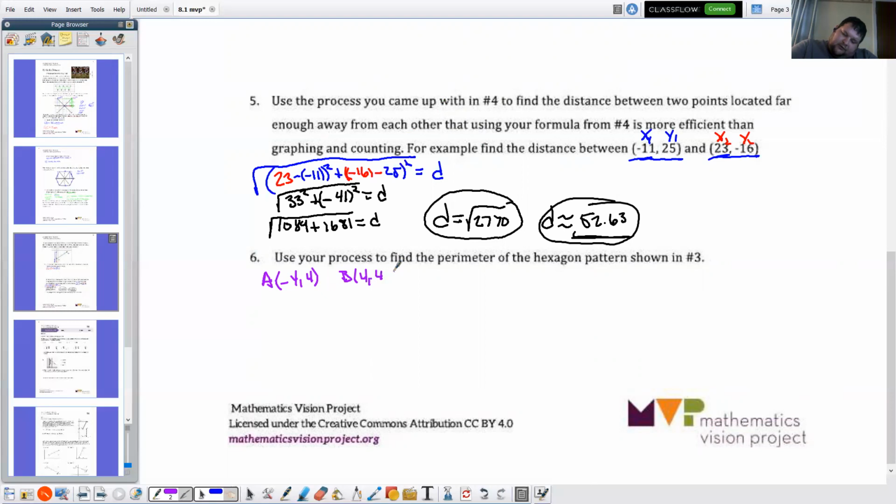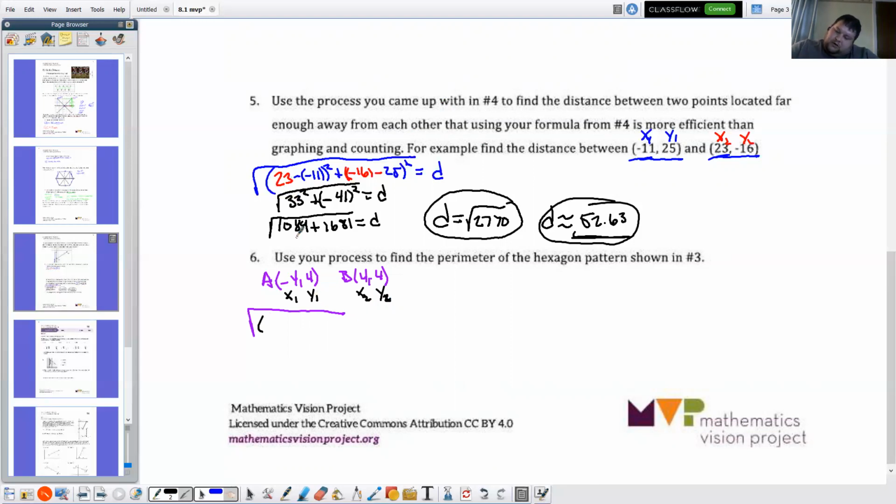Whoa, my pen stopped writing there for a second. Okay, so if we use our formula here, we have the square root of, let's label all these again. So I have x1, y1, x2, y2. These are supposed to be 2s, sorry.